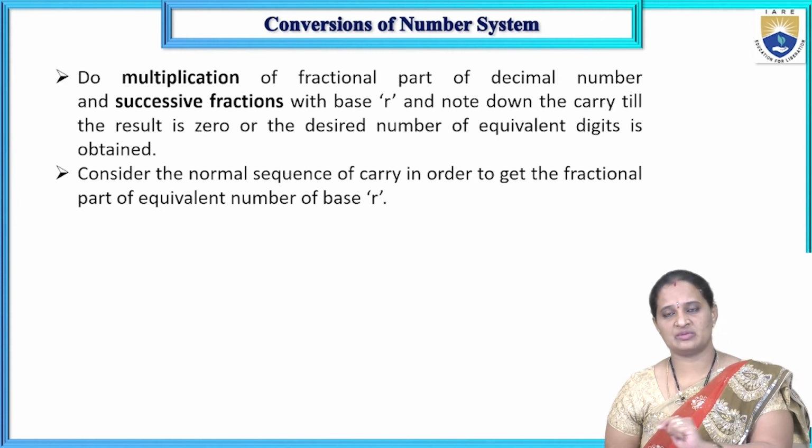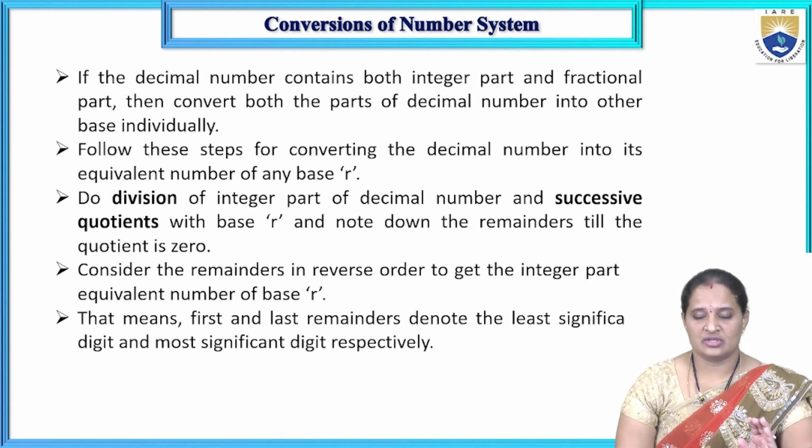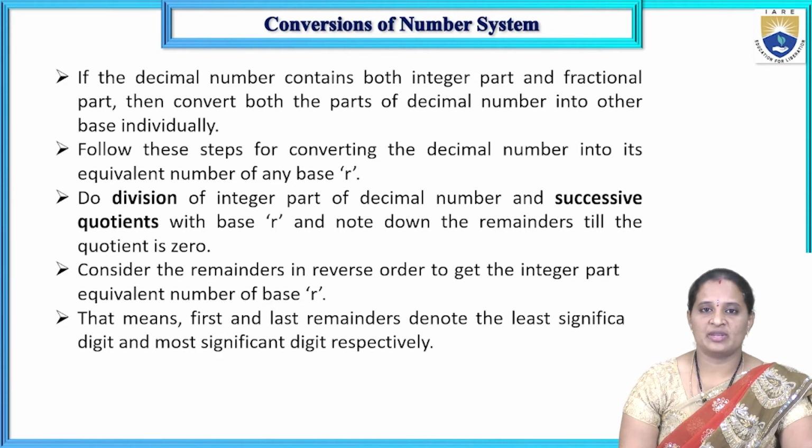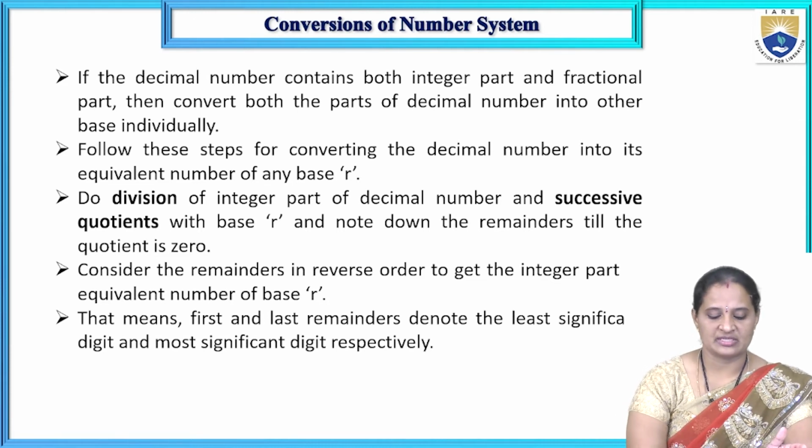In order to reduce the storage space required for data, we go for conversion. Also, based on the application, we can have different types of numbers. That is why we are going to learn about conversions of number systems.